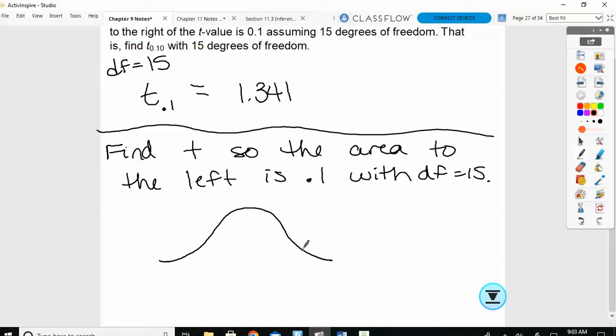So we know the table gives us the area to the right, and we found that when this is 0.1, this t is 1.341. So if I wanted the area to the left to be 0.1, remember this whole thing is centered at 0, what do you think your t would be?